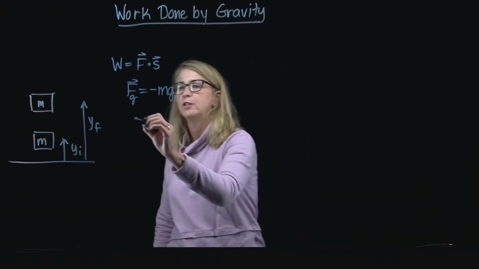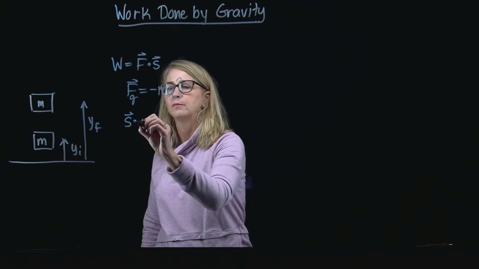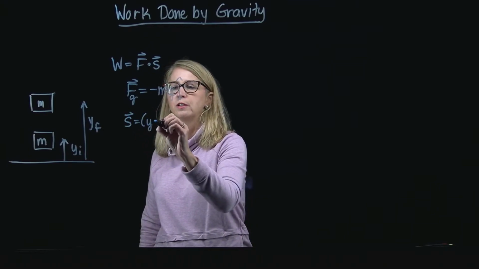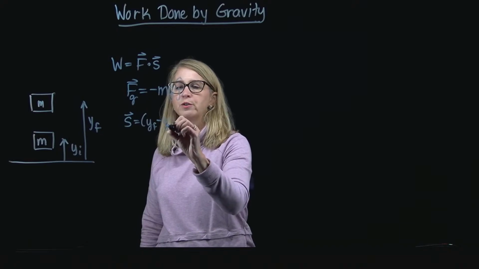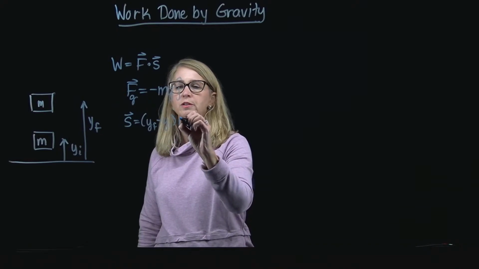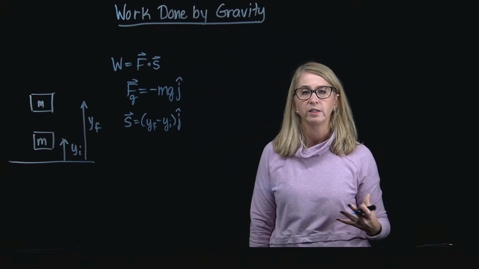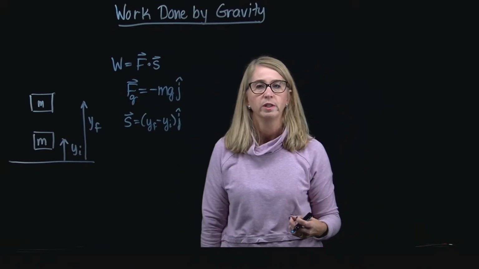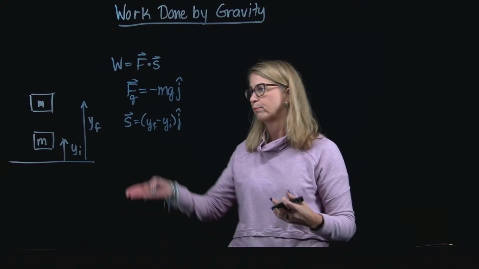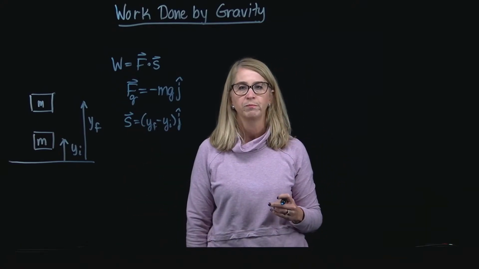And then the displacement is just the difference between the two positions. It's the final minus the initial, and that displacement is in the positive j direction according to my picture.